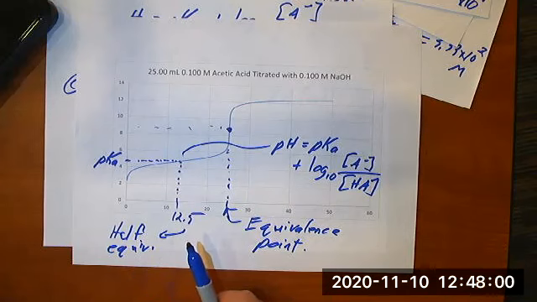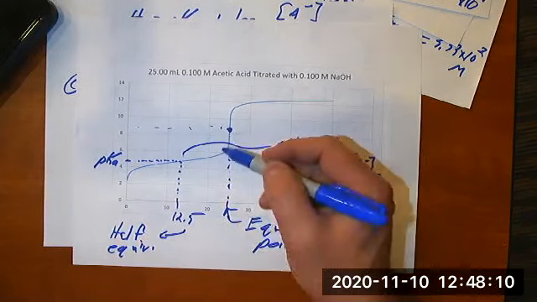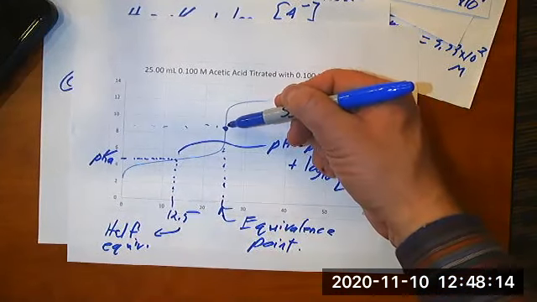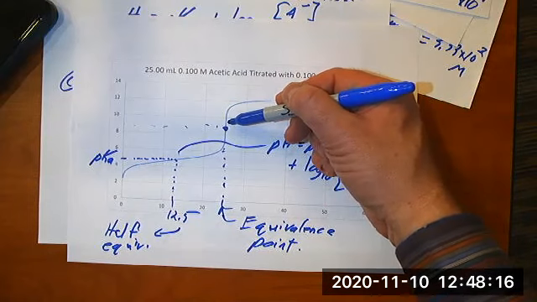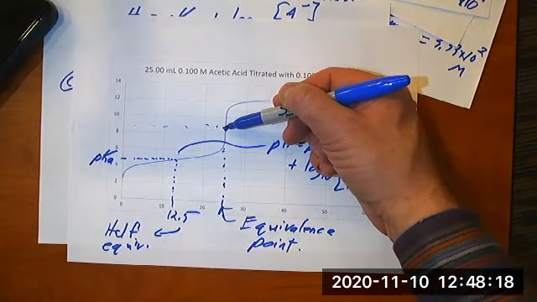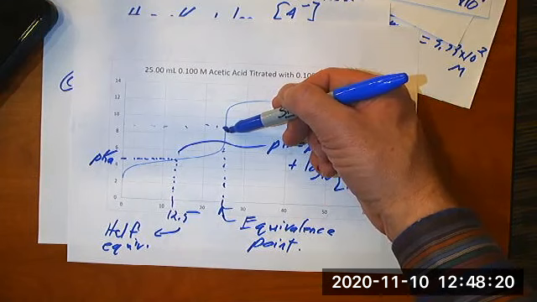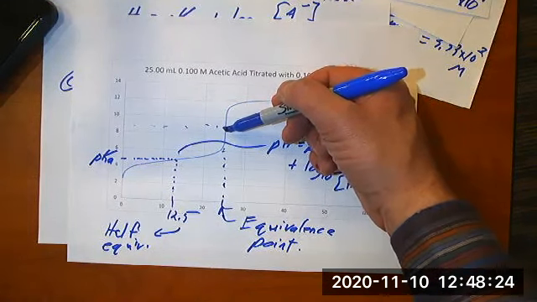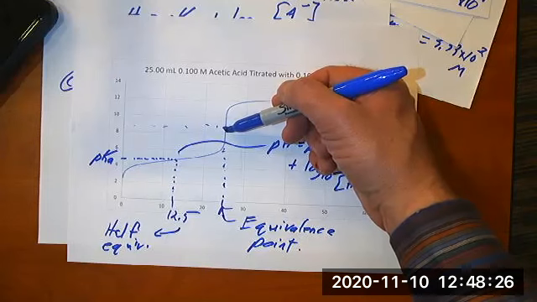So when you do a titration, assuming you do know the concentration of your base very precisely, you can identify the equivalence point extremely well. And at that point, you know that the number of moles of acid equals the number of moles of base. You know the volumes of both of them at that point.